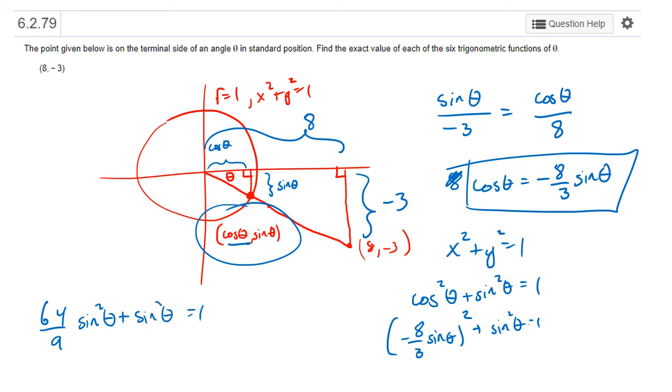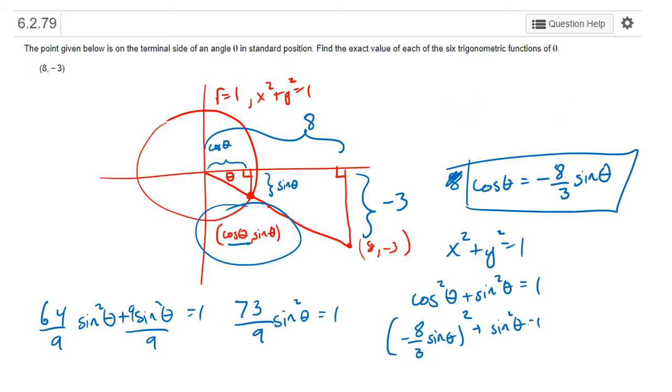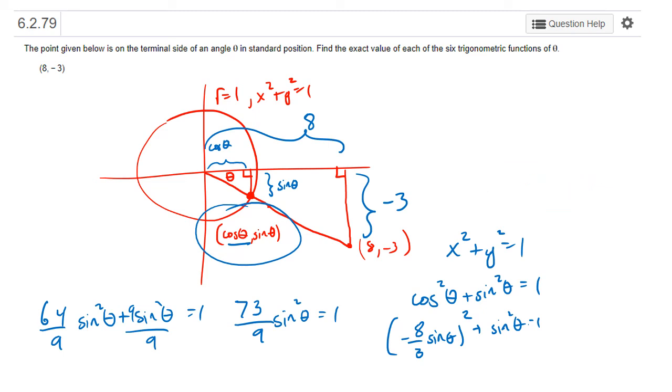The common denominator here is 9. So what we have is 73/9 sine squared theta equals 1. Multiplying by 9 and dividing by 73, we can say that sine squared theta is 9/73.